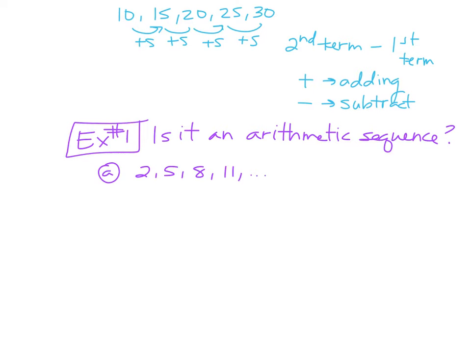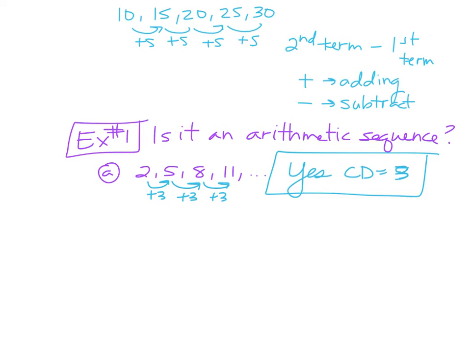The sequence keeps going. Is this an arithmetic sequence? Yes. Why? Because it's plus 3 every time. Plus 3, plus 3, plus 3. Now, if it had been plus 3, plus 2, plus 3, that's not an arithmetic sequence. It has to be a constant number that you are adding each time. So we would say yes, and our common difference is 3.